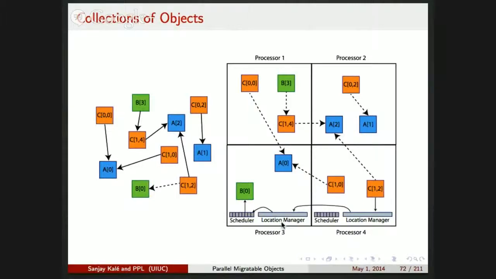And so these elements are all going to communicate with each other in some fashion. C elements are going to communicate with A's and B's. And the runtime system can manage how these are going to go on the processors without you having to worry about it. So here we have just an example mapping of the different array elements to processors.